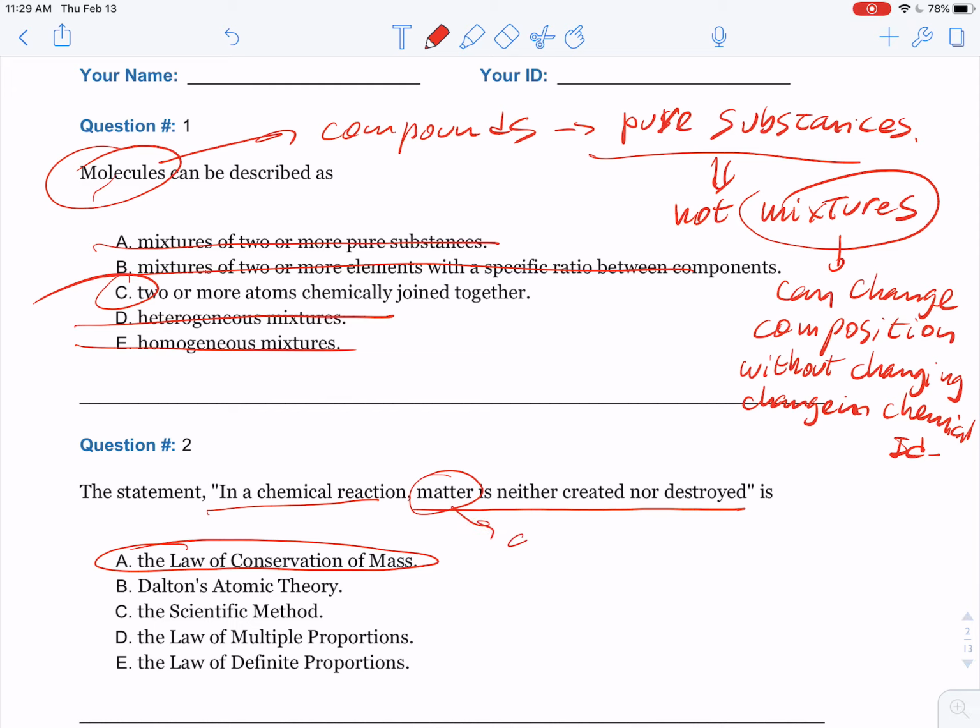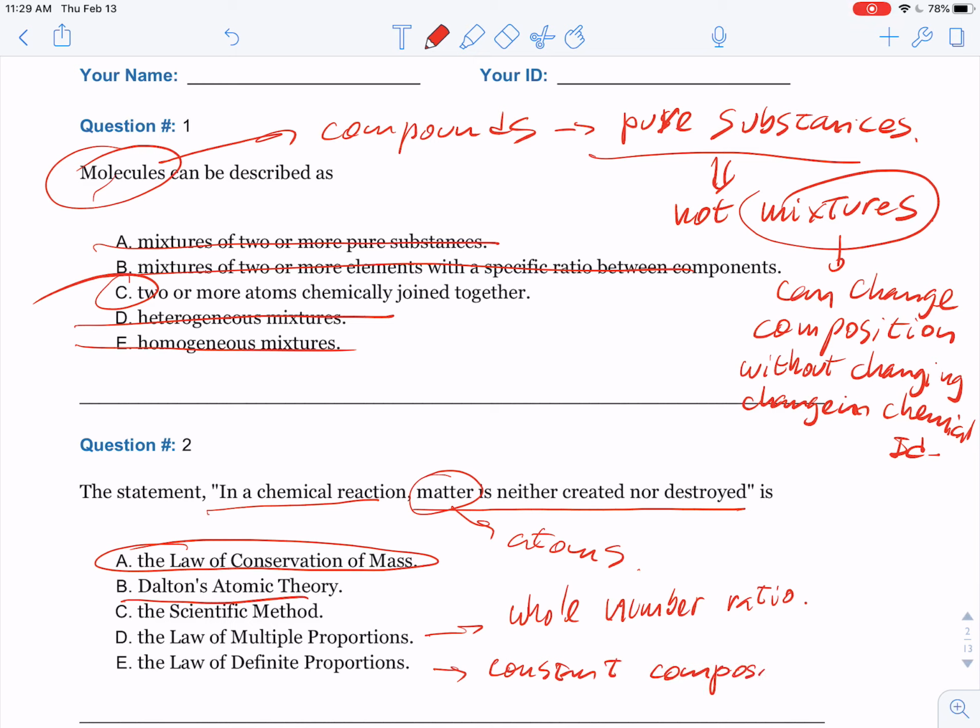And multiple proportions, remember that whole number ratio for different compounds. And constant composition, when two or more elements react to produce the same compound, is the law of definite proportions.